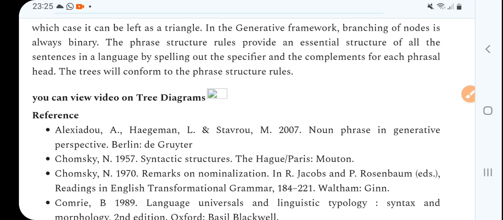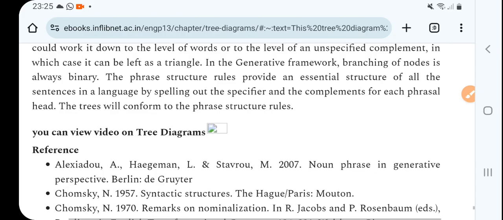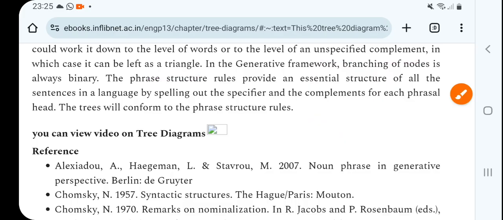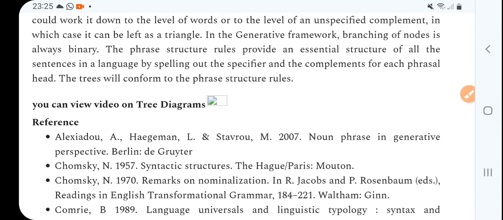Suppose an unspecified complement is given, then we can make the triangle, which is left as a triangle. And why is that? Because it is an unspecified complement. In the generative framework, the branching of a node is already binary, always binary.